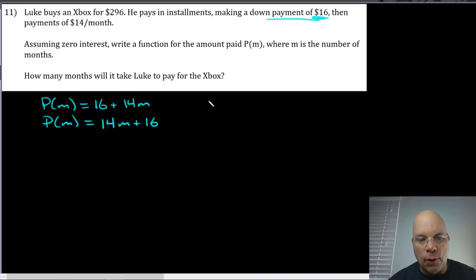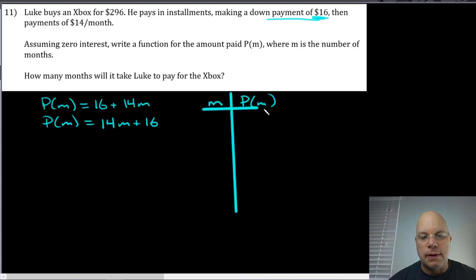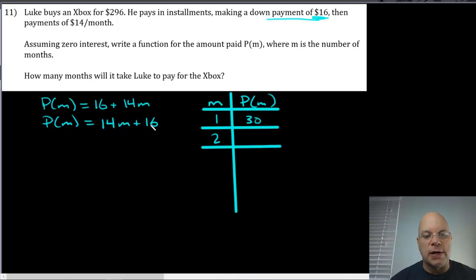We could make a table for the number of months and the amount paid. After 1 month, Luke would have paid 14 multiplied by 1 plus 16, or $30. After 2 months, he would have paid 14 multiplied by 2, or 28, plus 16 is $44.